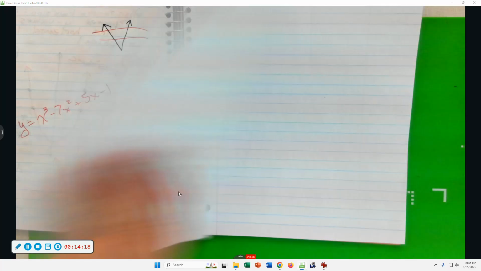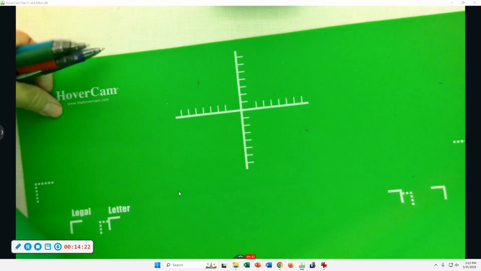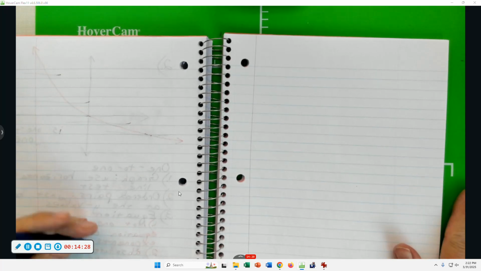For example, I have a couple of examples for you that I'm just going to make up. I don't know what purpose this green thing serves. I told you the other day we should try it. What do you think? I like that better without all that green. I think it's too white.